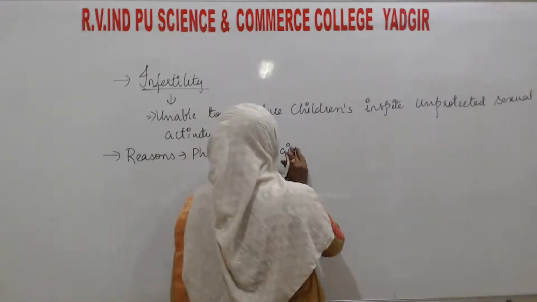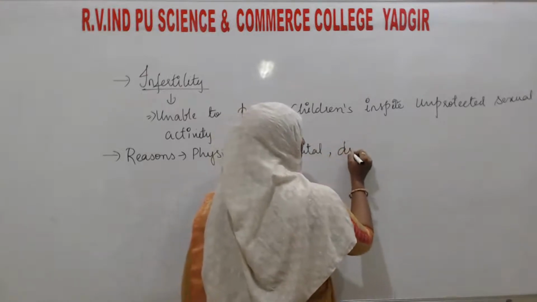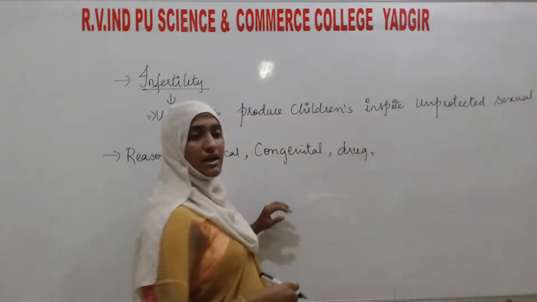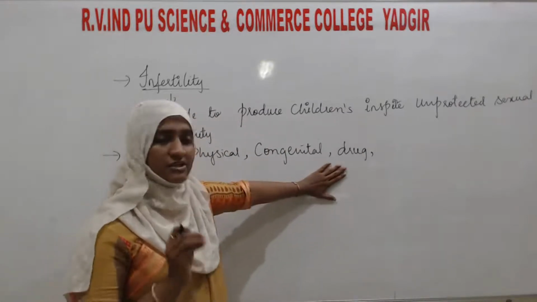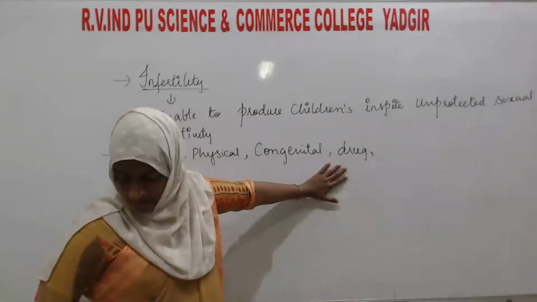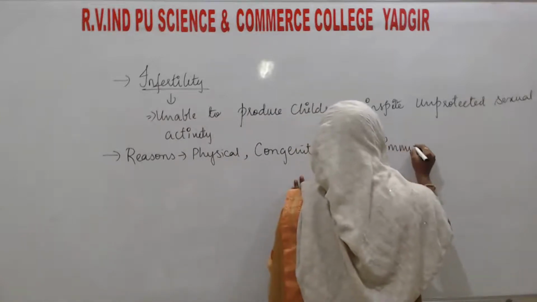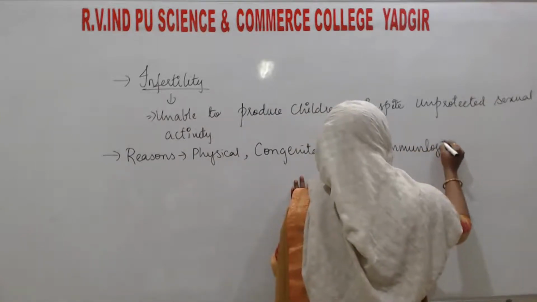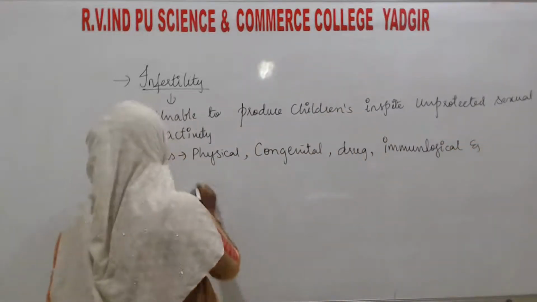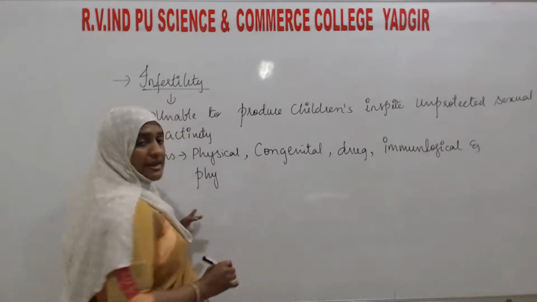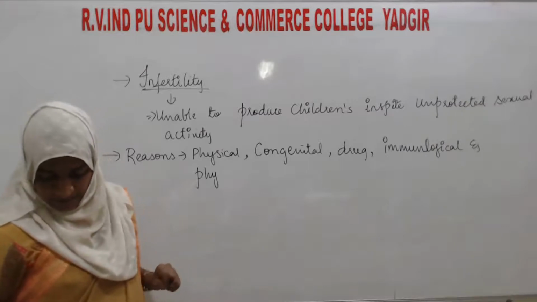Then drugs: the usage of excessive drugs by the male partner or the female partner also leads to infertility. Then immunological, due to a weak immune system, and psychological. If they are mentally disabled, that person also may not bear a child.